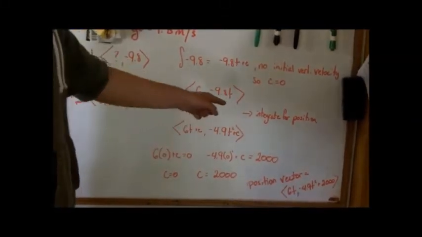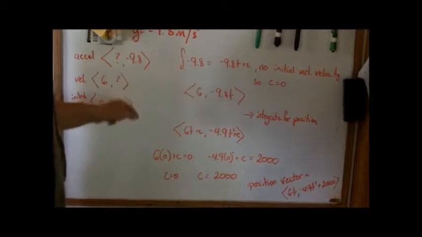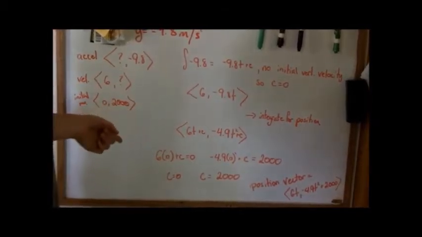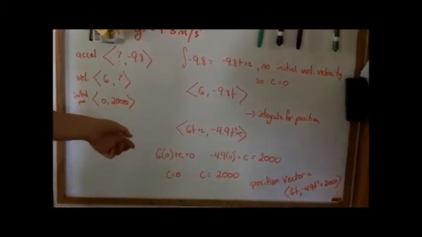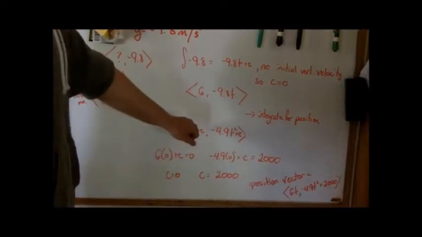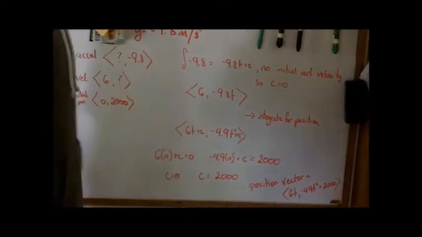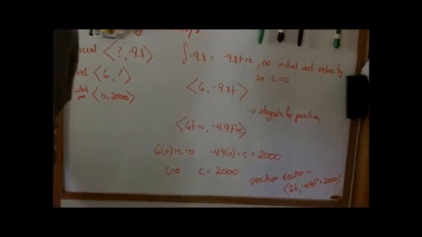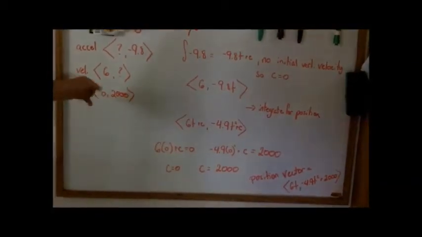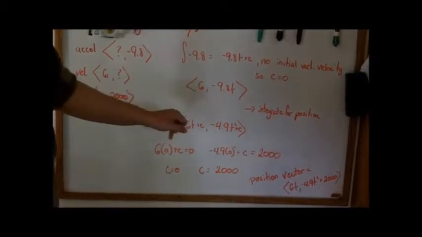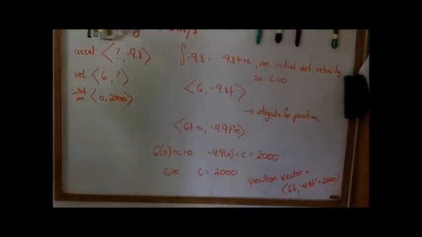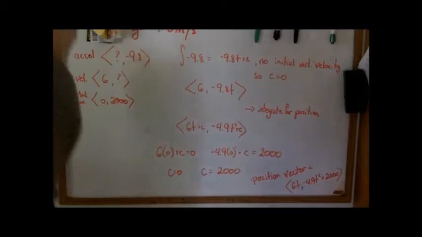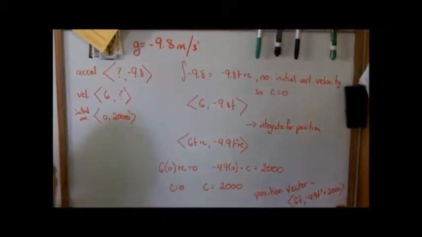Now we have to integrate the velocity vector to get the position vector. So we again use the reverse power rule, and we get 6t plus c for the horizontal component and negative 4.9 t squared plus c for the vertical component. This is where we use the initial position vector to solve for c in both of the components. Now we know that when I was initially thrown, I had no horizontal displacement.